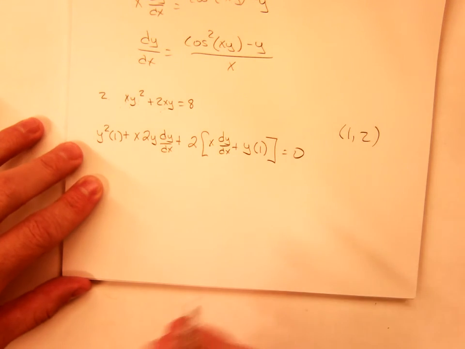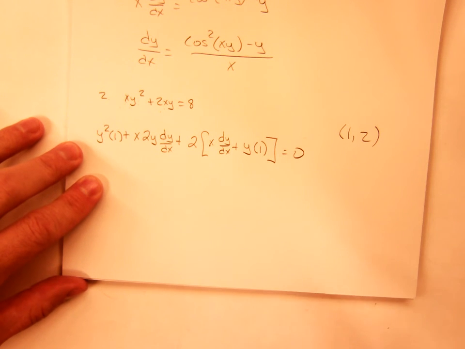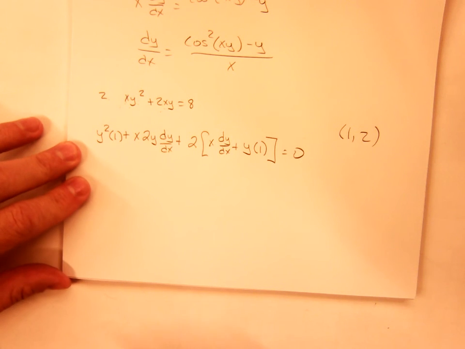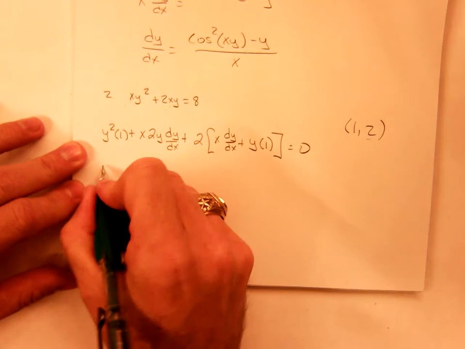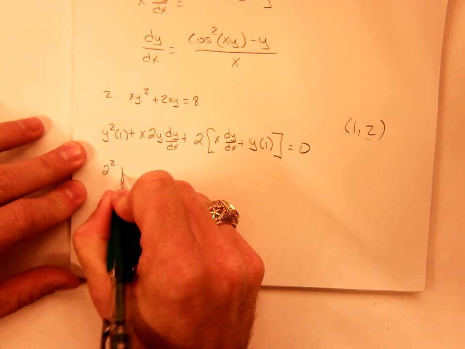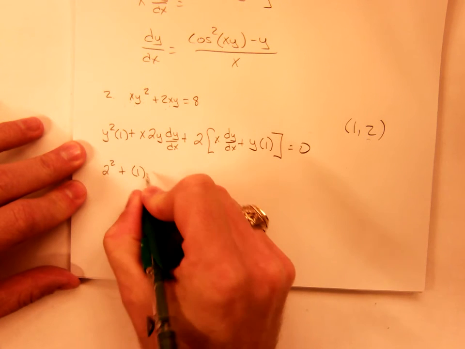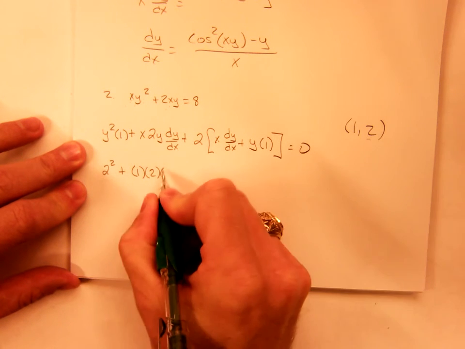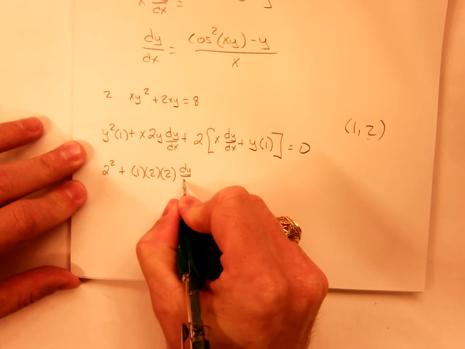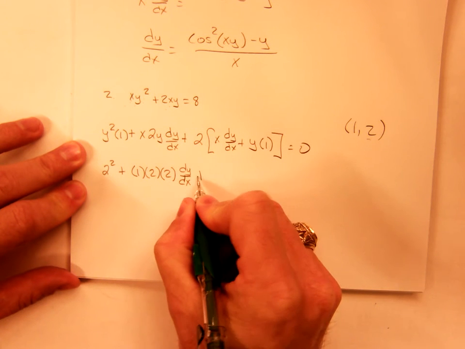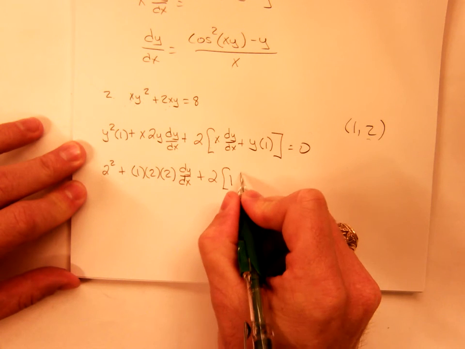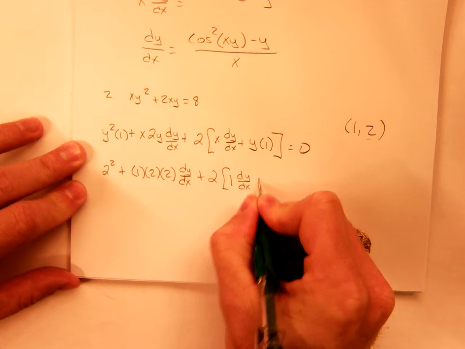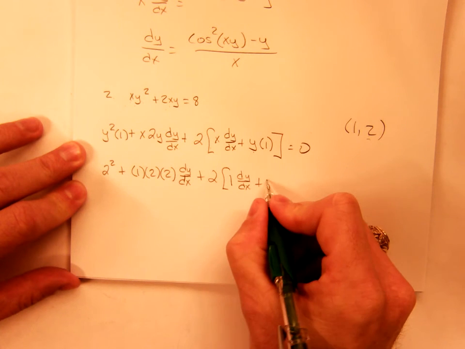So it's looking for a number. If you have trouble with the algebra, I would plug in the number right now. Just plug in what you get. Everywhere I have a y, I'm going to plug in 2. So this is 2 squared plus x is 1 times 2 dy/dx plus 2 times x is 1 times dy/dx plus y times 1, which is 2 here.